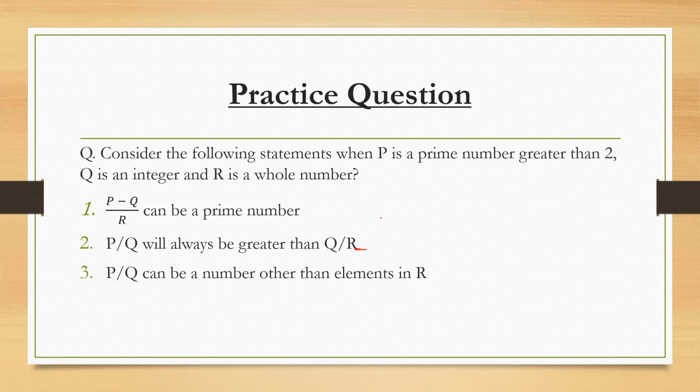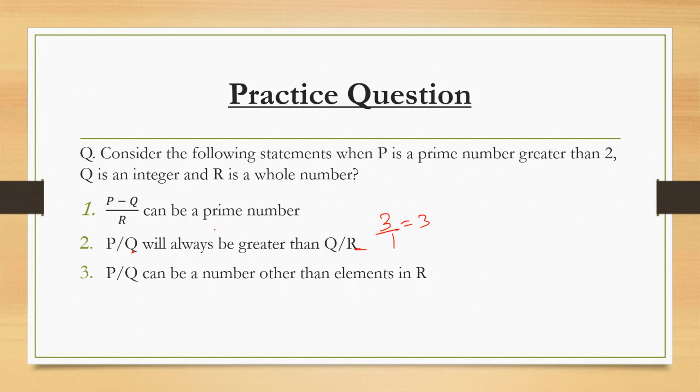Okay, Shivaranjani, you have said 3 by 1 is 3. So 3 is a prime number, Q is an integer. Fine. Now Q by R. Now see here, Shivaranjani, you cannot take different values here. If you have taken Q as 1, then here also it will be 1 itself.